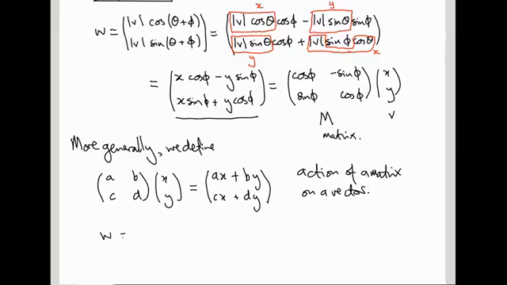Right, so this equation w equals mv is saying you start with v, the initial vector. This matrix represents a rotation. And we've completely separated out the bit of the rotated vector that depends on phi, and the bit that depends on the initial vector that we started with.